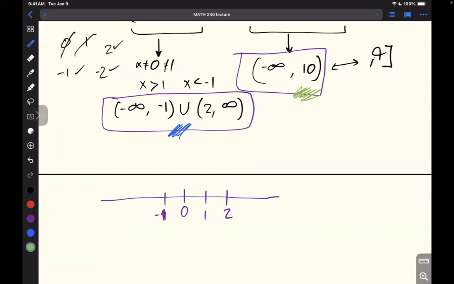So for the green one, let's say this is 10 and that's 9.